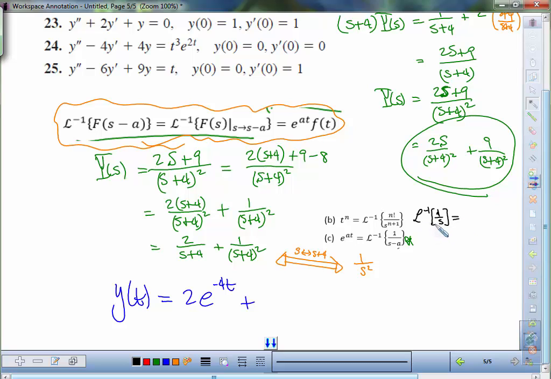The inverse transformation of 1 over s squared is what? t to the first power, just t.